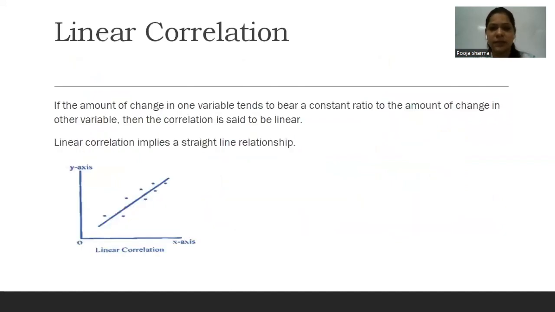Next is linear correlation. Linear correlation is the relationship where the two variables deviate in a constant ratio. That means they are changing with a constant ratio. It is known as a linear correlation, and the graphical representation is depicted by a straight line.